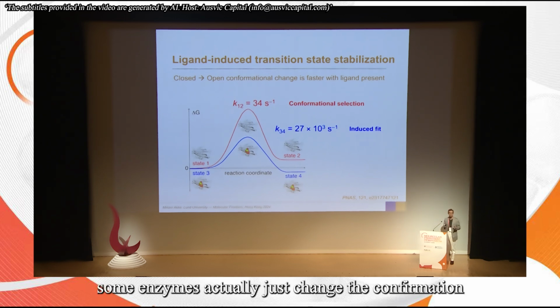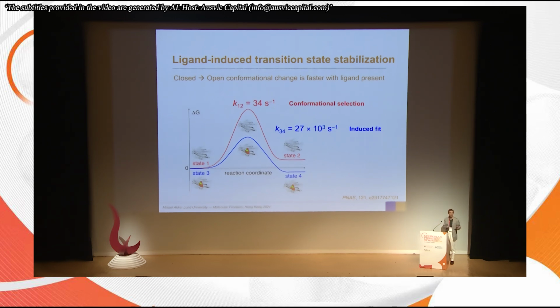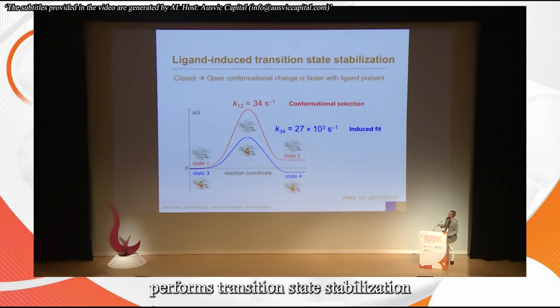Some enzymes actually just change the conformation of the substrate. And here we have the reciprocal case where the ligand performs transition state stabilization of the reaction that is now the protein changing its conformation.